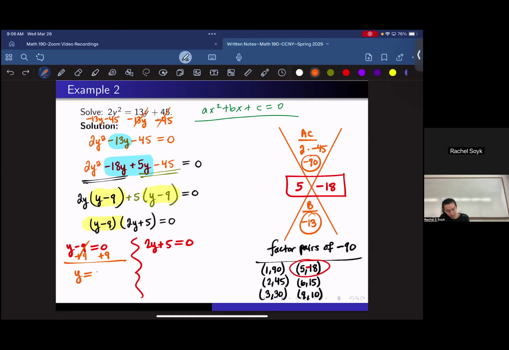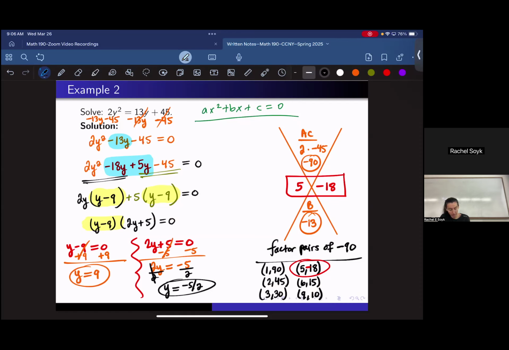So one potential value is y equals 9. And then another potential value is when y is equal to negative 5 over 2. And so our last step is to test that these values work.